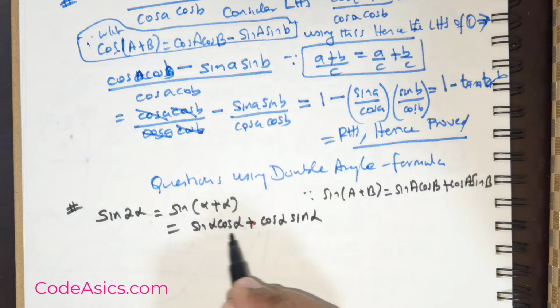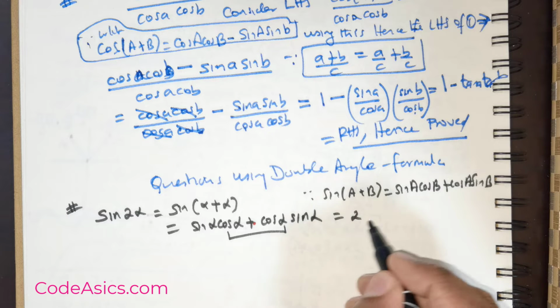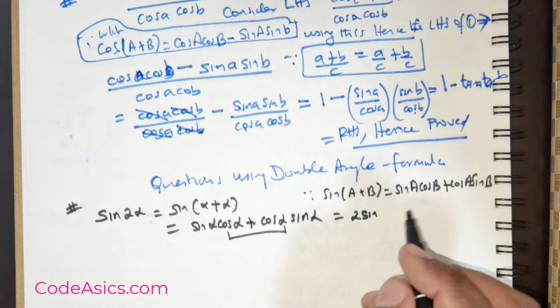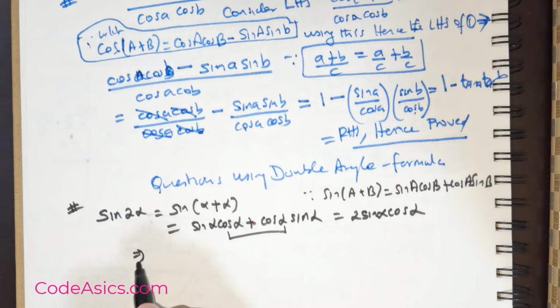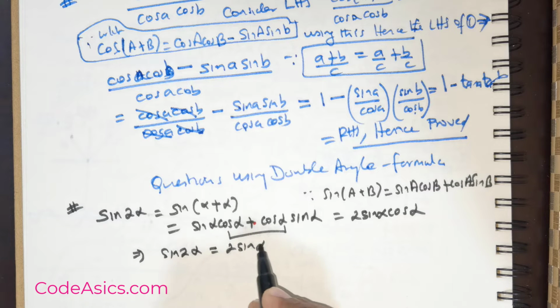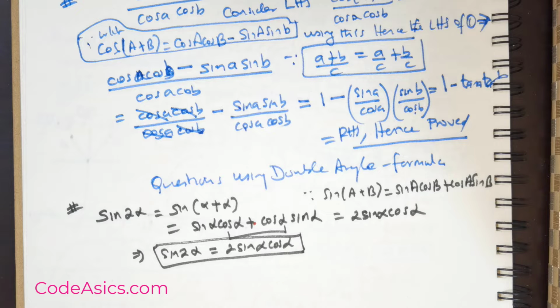Now I've got sine alpha cos alpha twice, I can add them, leading me to obtain 2 times sine alpha times cos alpha. So sine 2 alpha is equal to 2 times sine alpha times cos alpha. This is a famous identity.